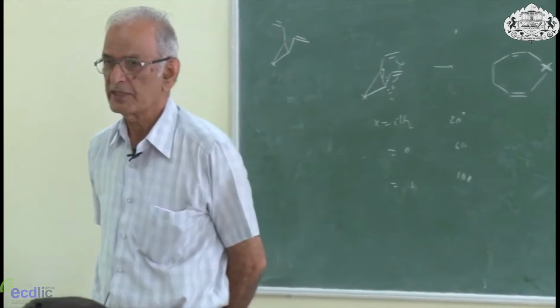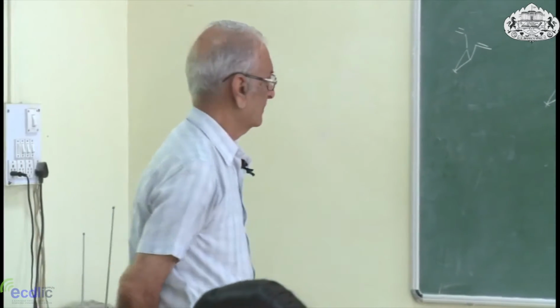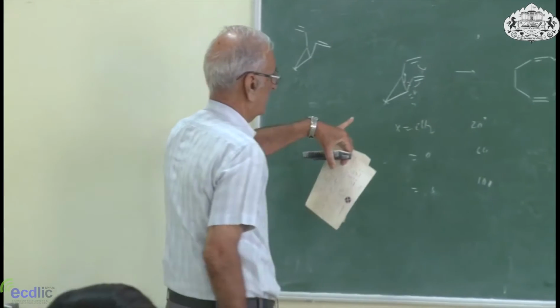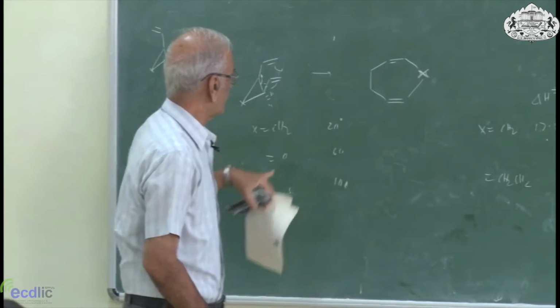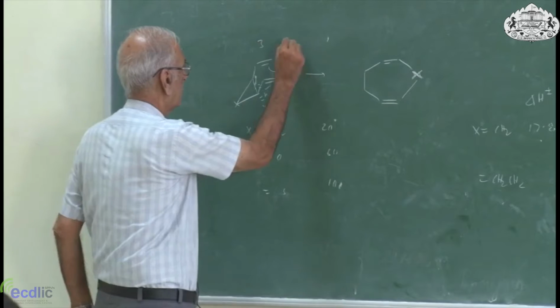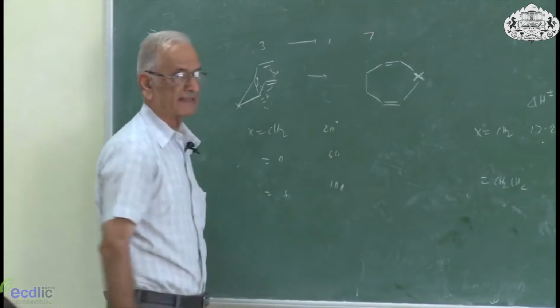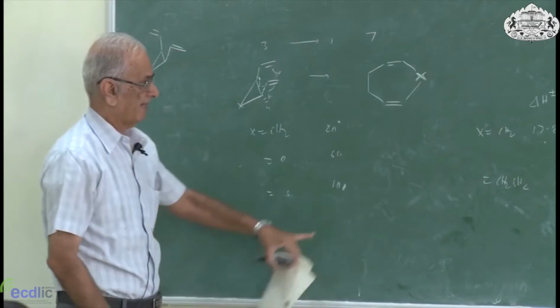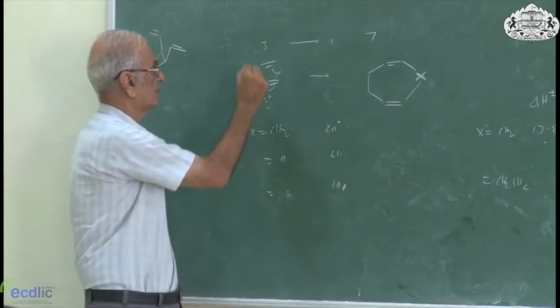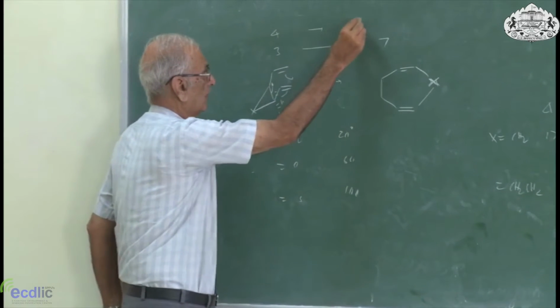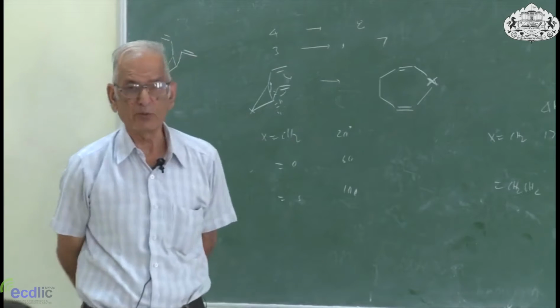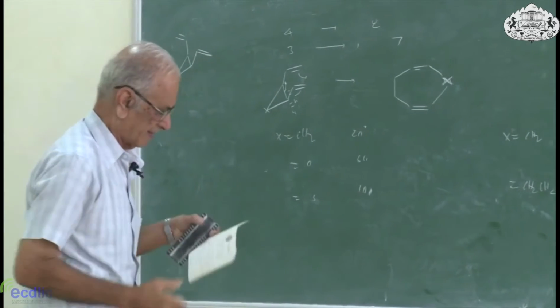If X is equal to CH2, when X is CH2, we are going from a 3-membered ring to a 7-membered ring. When X is CH2, CH2, you are going from a 4-membered ring to an 8-membered ring.